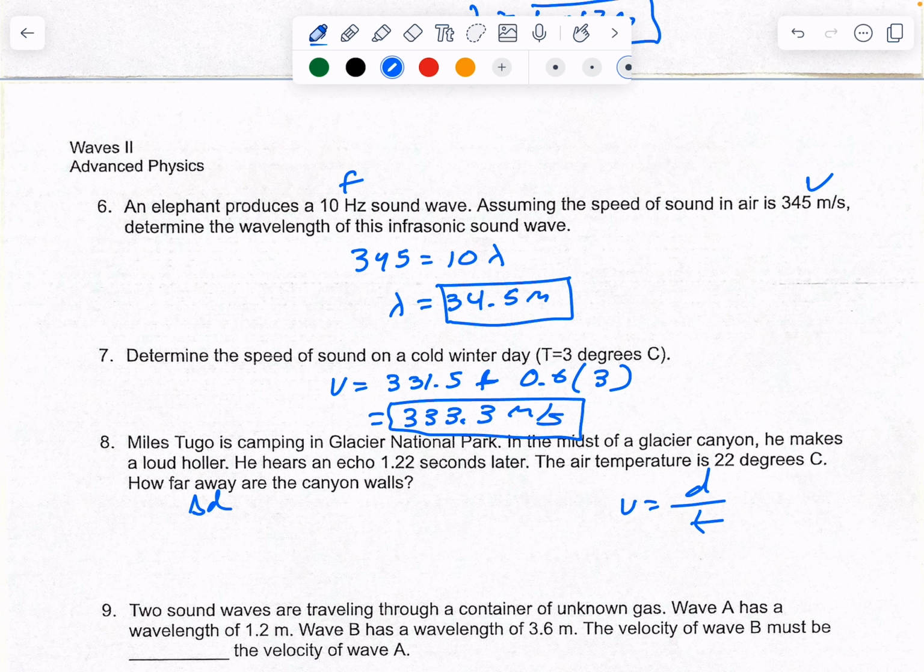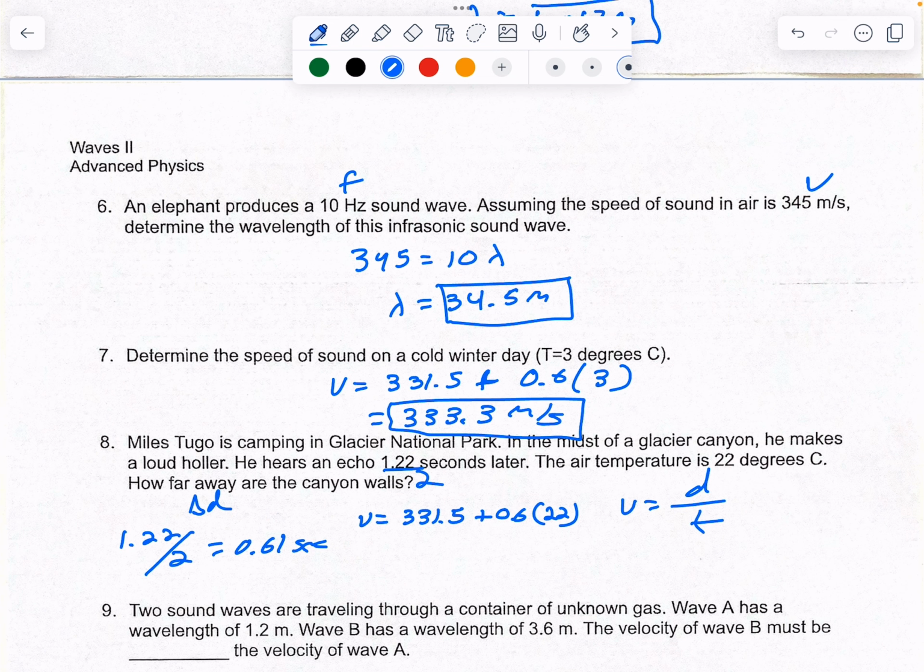Step one, remember we talked about echo. If you want to know how far the object is for an echo, you have to cut this time in half. So it'd be 1.22 divided by 2, and that's 0.61 seconds. Now, I also gave you temperature, so we need velocity. Velocity equals 331.5 plus 0.6 times my temperature, which is 22.